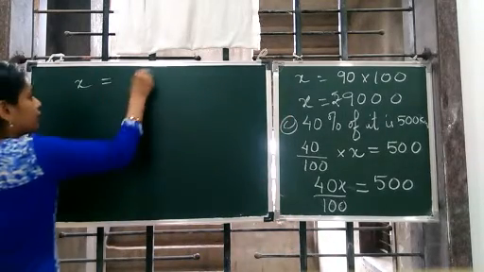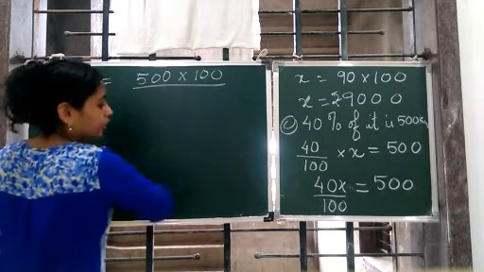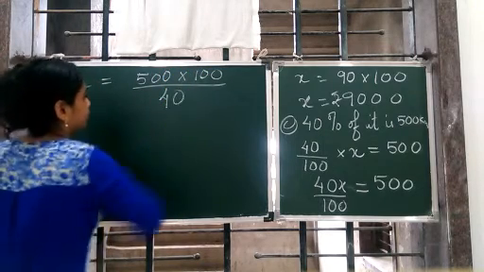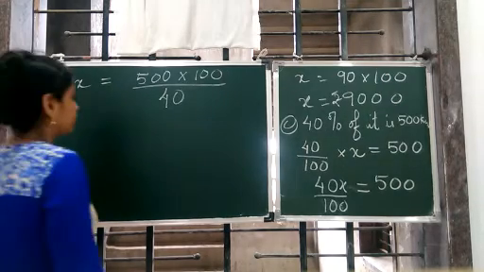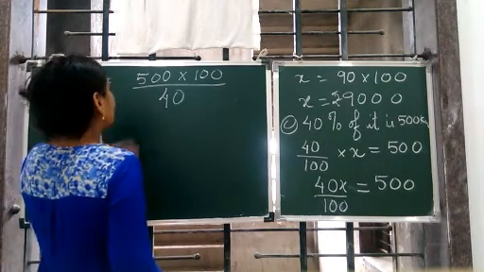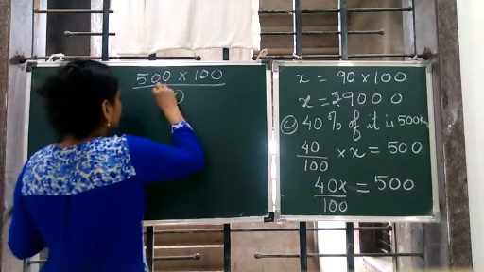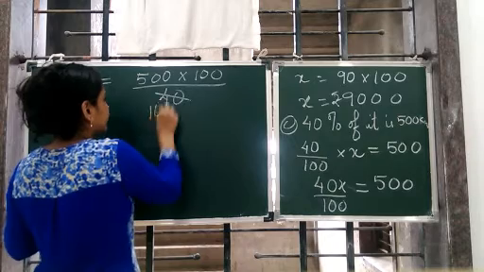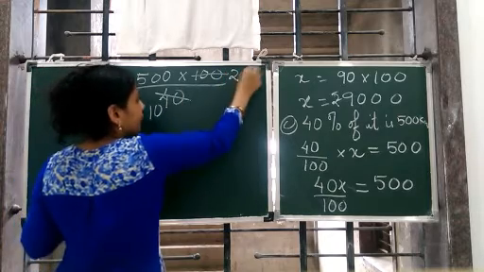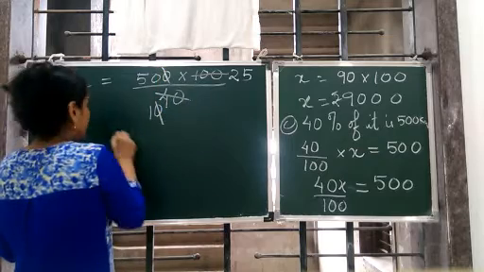Directly how we are going to write? 500 into 100 upon 40. Okay? So now we are going to divide. 4 tens are 40, 4 25s are 100. Okay, now this 0 and this 0 gets cancelled.